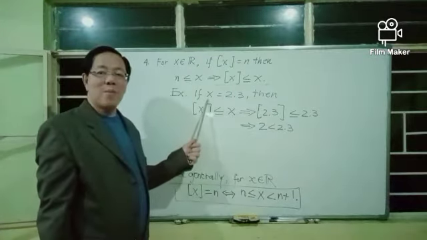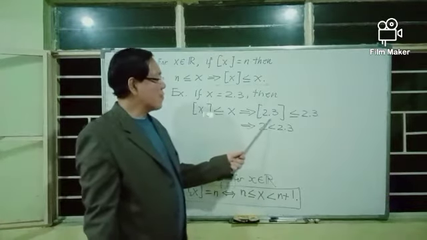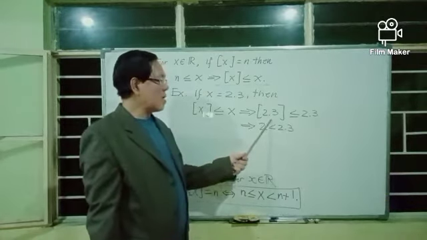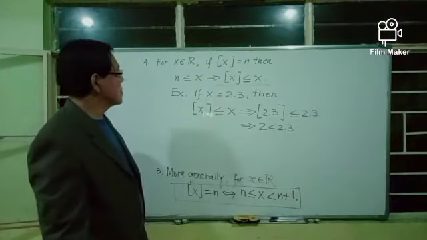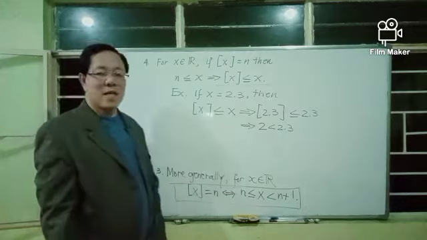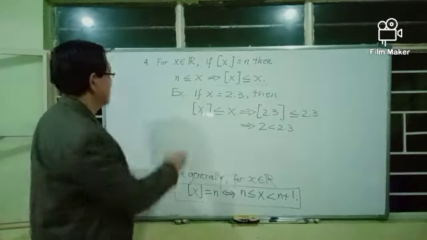If the real number x is an integer, say 2, then the floor of 2 will be exactly equal to 2. And we state that as note number 5.